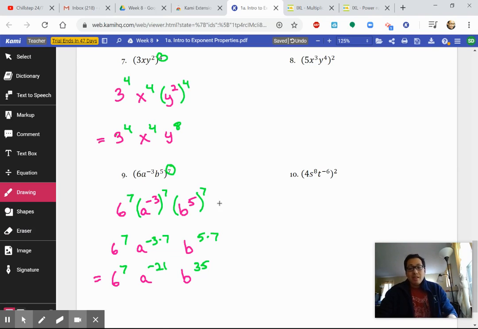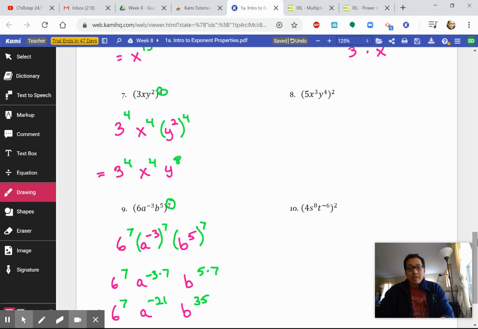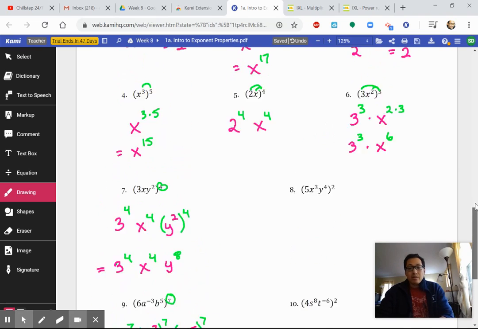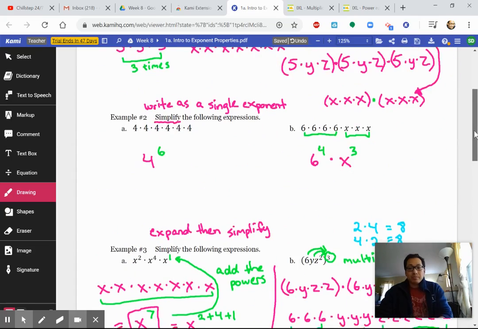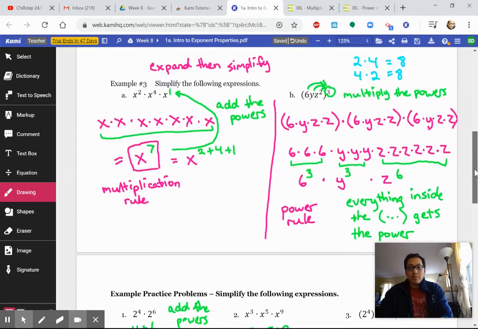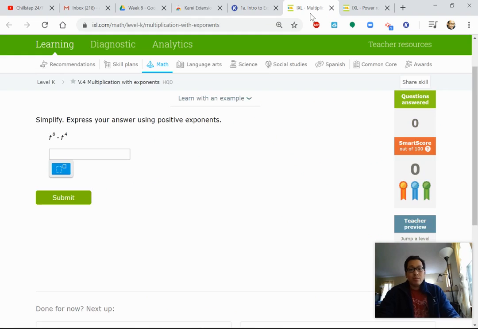Okay, so go back up here and take a look at these notes, I'll post them again. All I'm trying to get you to realize is that these are two rules, two properties that we can use to simplify exponents. And I'm going to give you some practice in IXL, making sure that you get this.